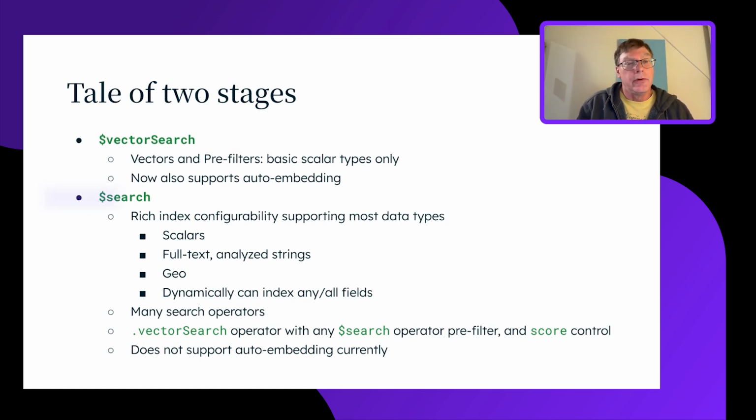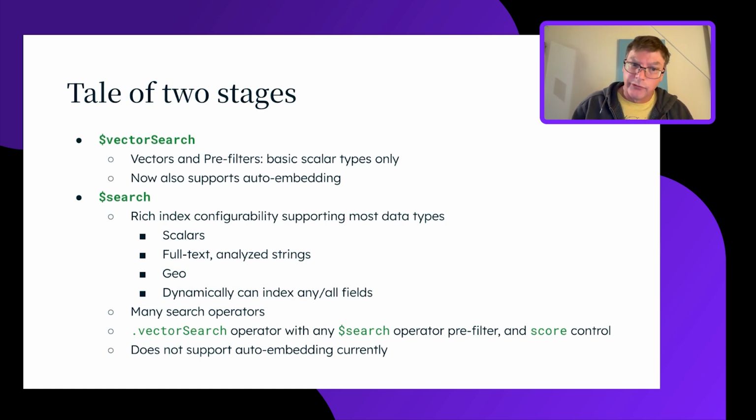So now there's also the dollar search. This is the lexical search stage, and this has supported full text search on string fields where strings get analyzed and the words of the strings become indexed and become searchable, and you get full fidelity relevancy ranking there as well.